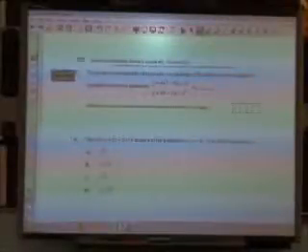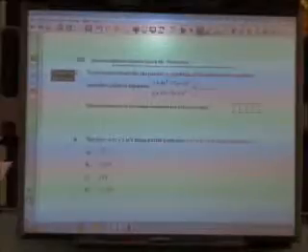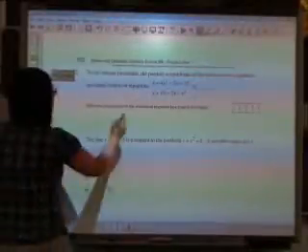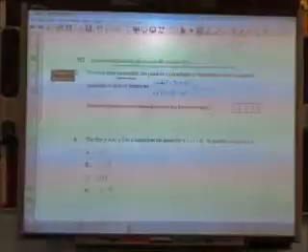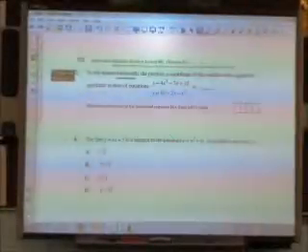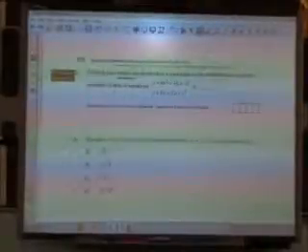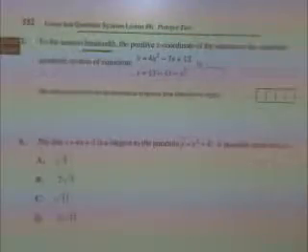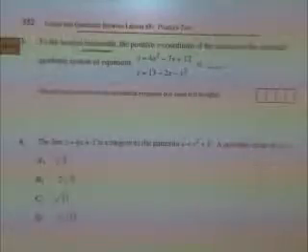Question number 2, to the nearest hundredth, the positive x-coordinate of the solution to the quadratic system of equations is... When you see something that says to the nearest tenth, to the nearest hundredth, use your graphing calculator and get your intersection point from there.